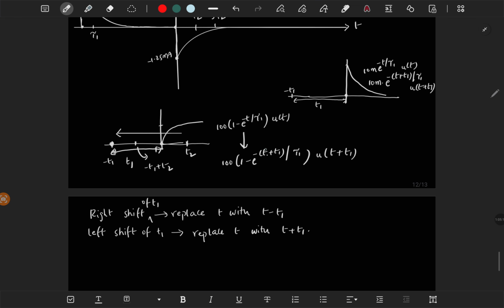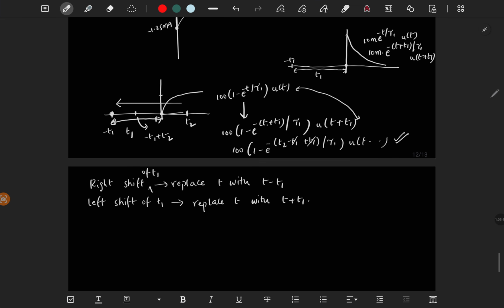What will you get? 100 times 1 minus e power minus t2 minus t1 plus t1 by tau 1, so you get 100 times 1 minus e power minus t2 by tau 1, which is the same as replacing t with t2 in this expression. So this is correct. That is how the logic will work.